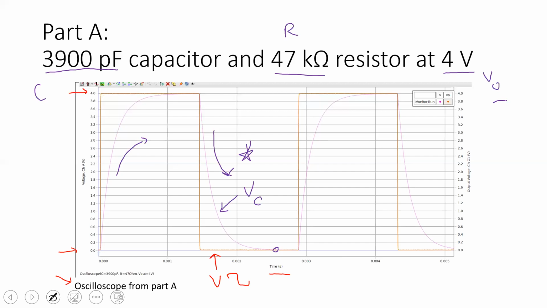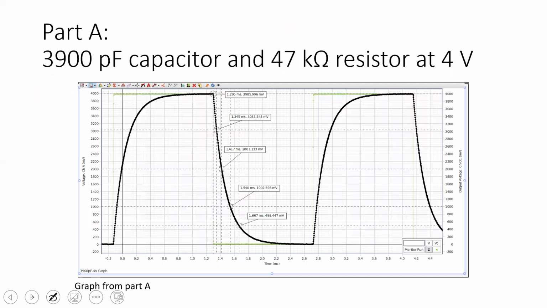All right, so this is our oscilloscope picture. I want to instead look at a graph picture because I can use those coordinate tools that we've used before. So you can see here, I have a time and a max voltage measurement for my capacitor. It's just about 4 volts. It's not exactly.